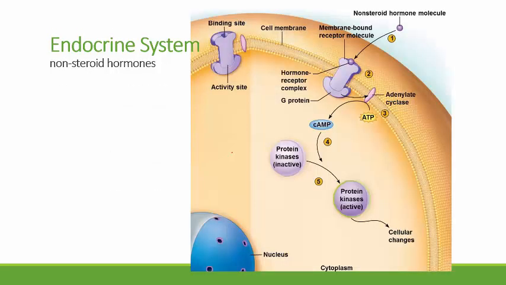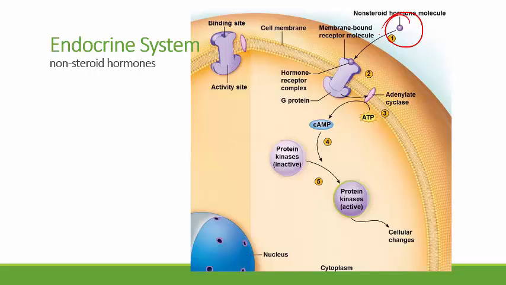So let's look at how signal transduction works on a large scale, and then we'll break it down into steps like we did with the steroid hormone. Here we have a non-steroid hormone, and by the way, because they dissolve readily in water, most non-steroid hormones don't require a transport protein.